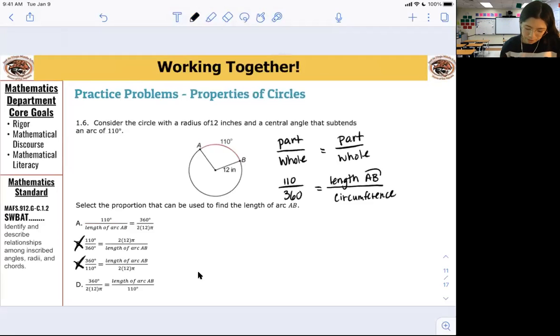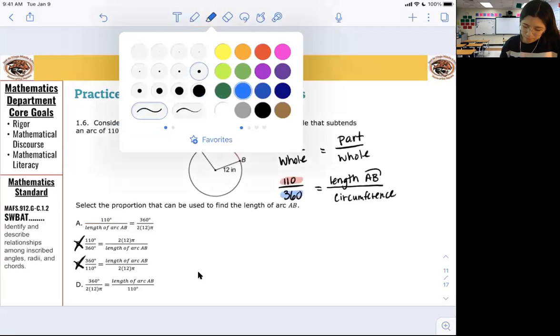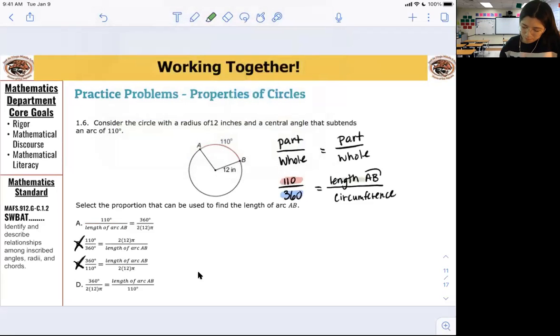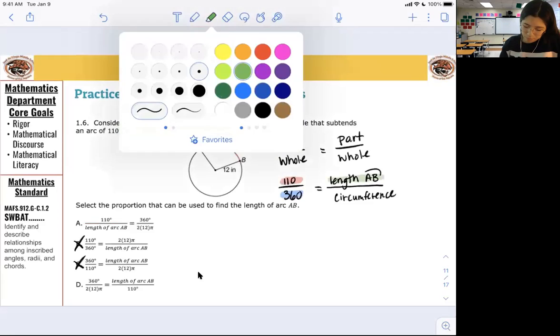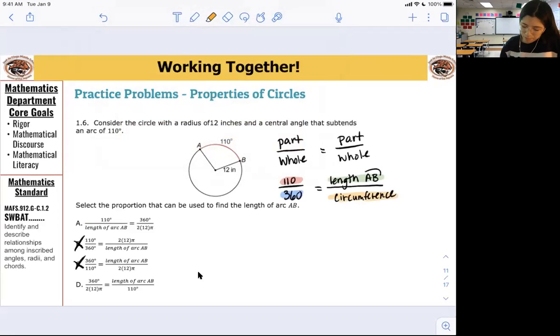But let's see if maybe there is a possibility here, because I don't know. They might just be flipping things around like crazy. I'm just gonna highlight things in different colors just so we can keep track of everything. Okay.